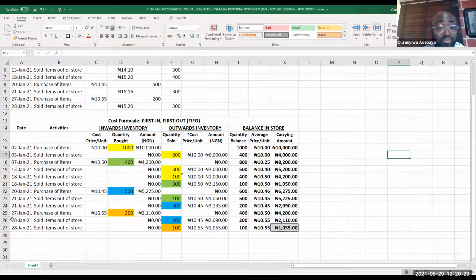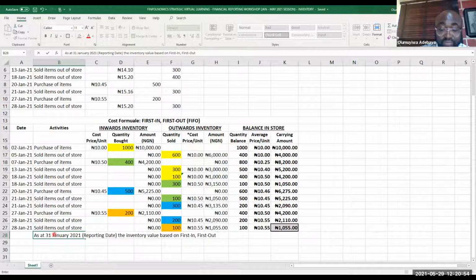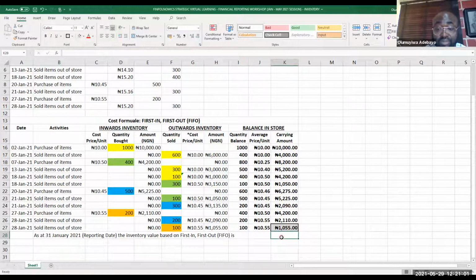Which means as at our reporting date, the inventory value based on first in, first out is these amounts.